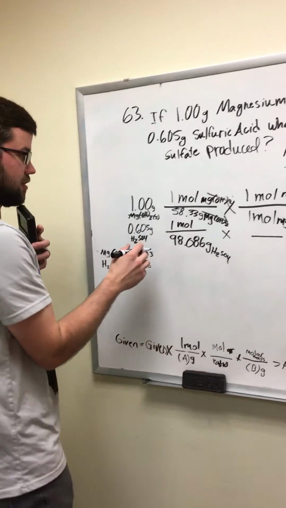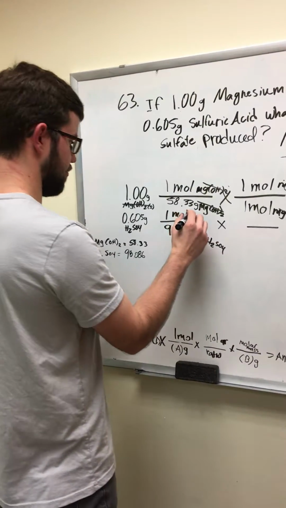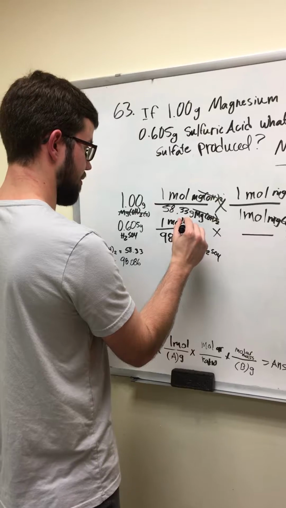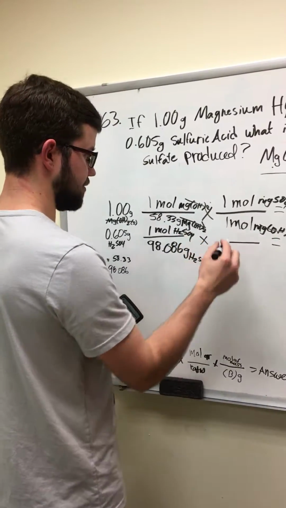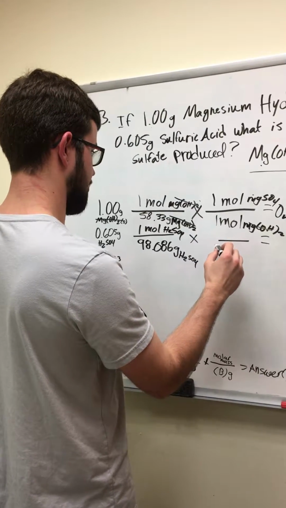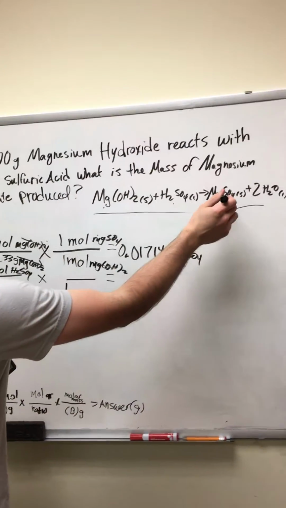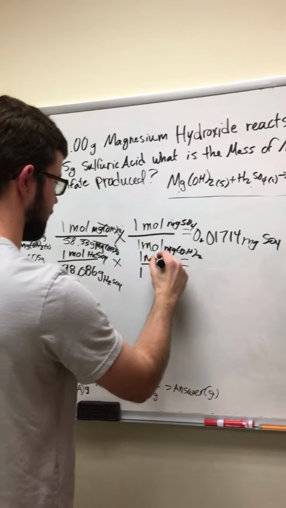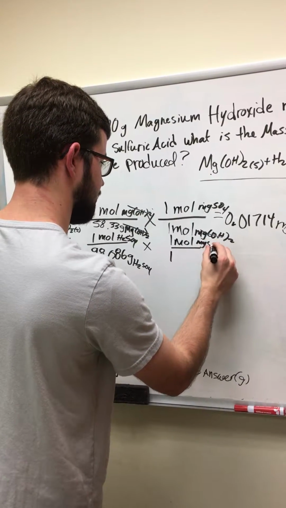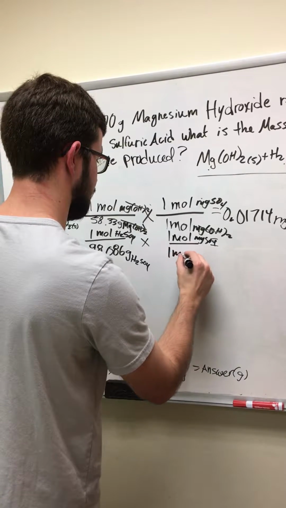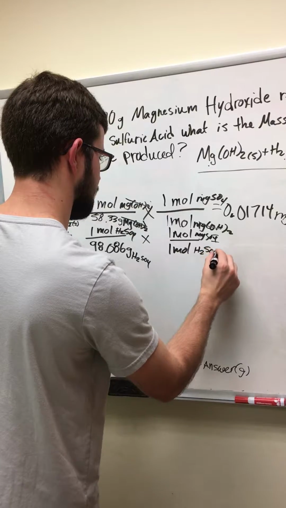Okay, so the second one, we have sulfuric acid and 1 mole of sulfuric acid. And then we're going to the molar ratio, which also is a 1-to-1. So 1 mole of magnesium sulfate and 1 mole of sulfuric acid.